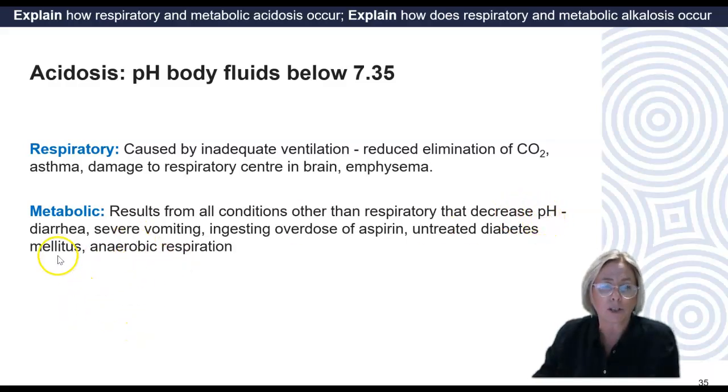Things that can cause it are diarrhea, severe vomiting, ingestion of too much aspirin, because aspirin is a weakly acidic drug, and untreated diabetes mellitus, in particular type 1 diabetes mellitus, where there is an accumulation of those ketones that are acidic. Anaerobic respiration as well, due to the production of lactic acid, can make the pH of the blood too low.